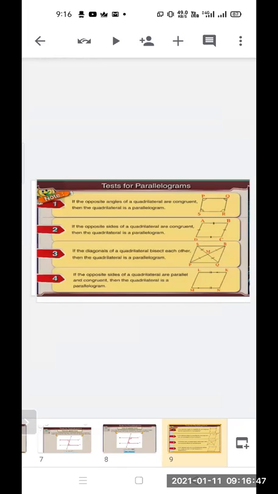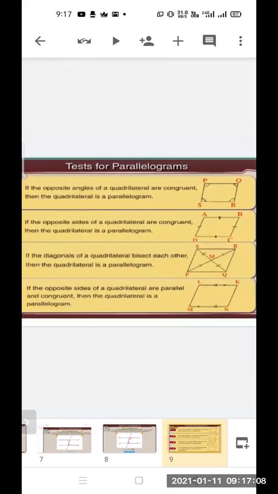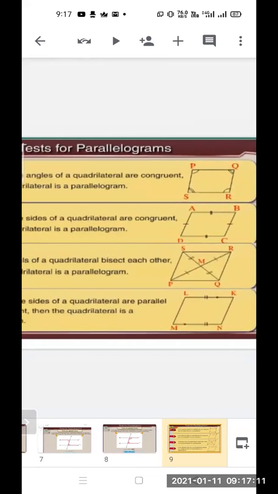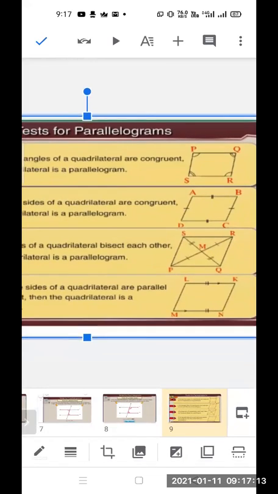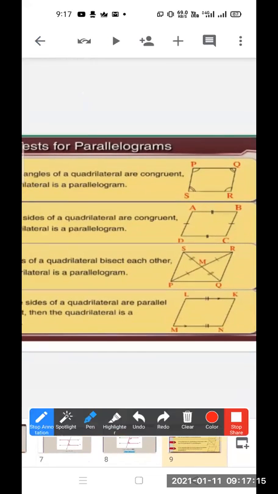The first property is that if the opposite angles of a quadrilateral are congruent, then that quadrilateral is a parallelogram. You can look at the figure here. PQRS is a quadrilateral, and you can see that the opposite angles are congruent. Here angle P and angle R are opposite angles.